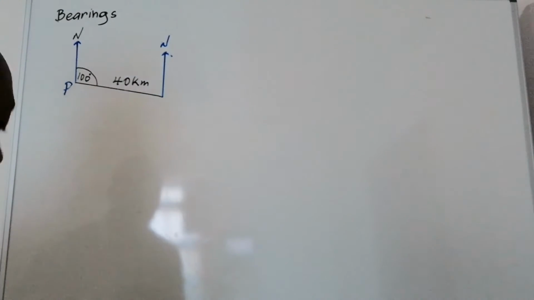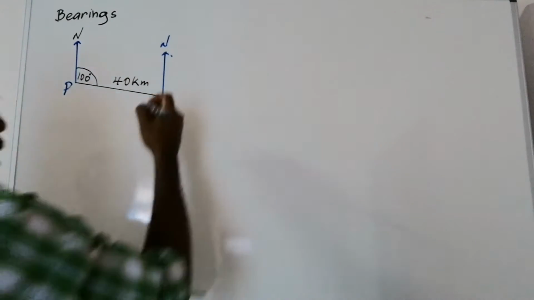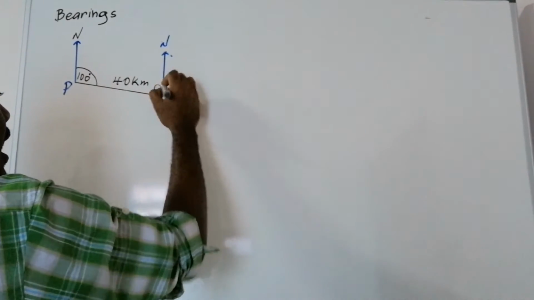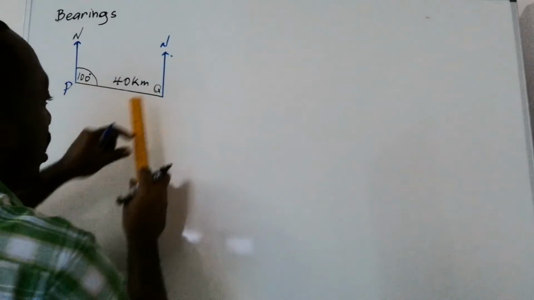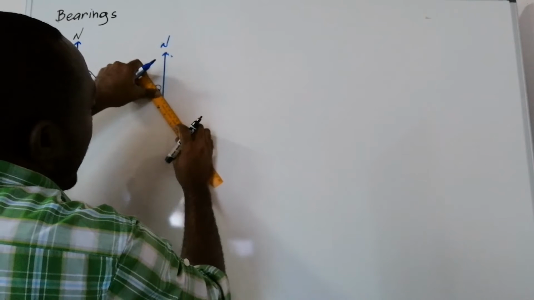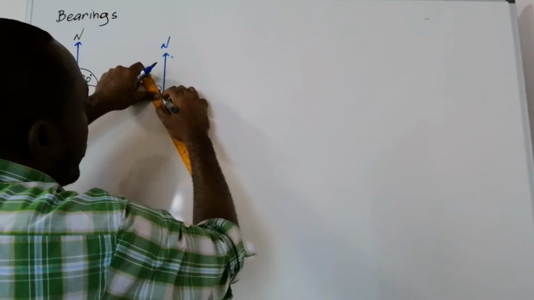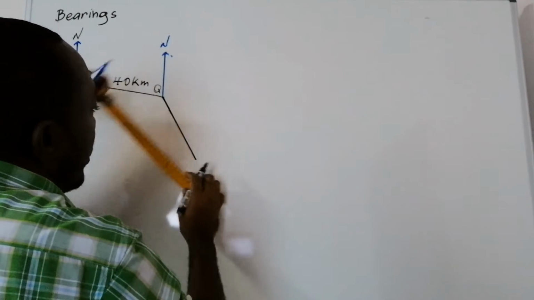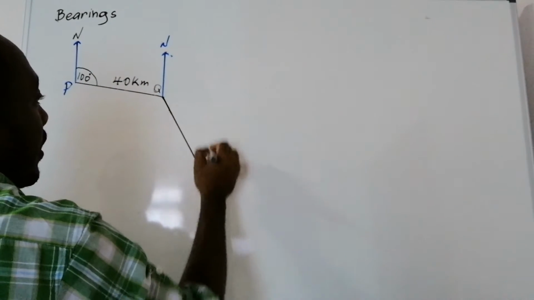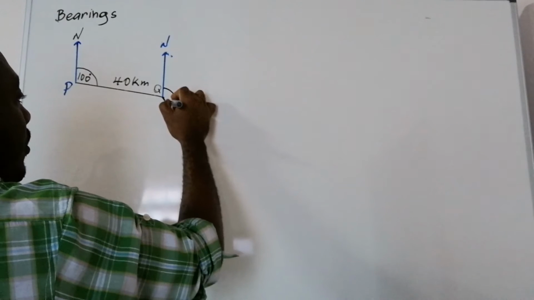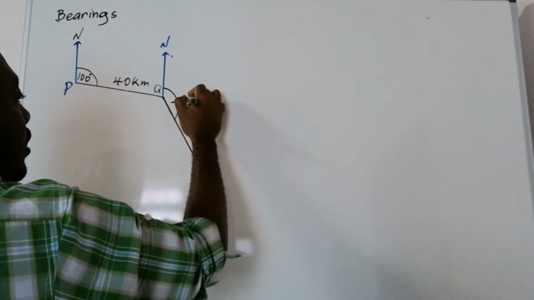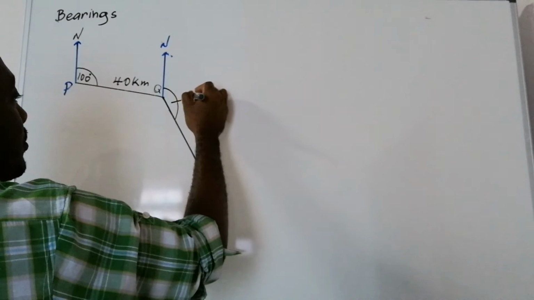And from this point Q here, R is on a bearing of 150 degrees. So here we will have R, and this bearing here is 150 degrees.